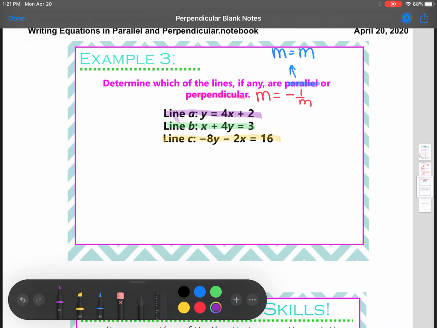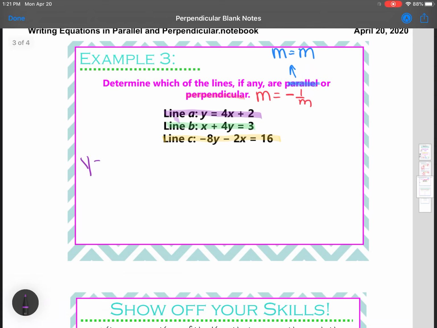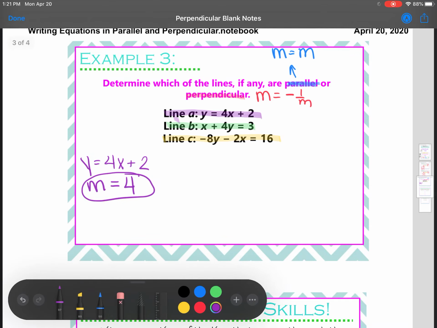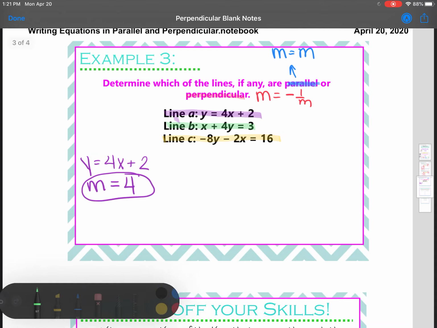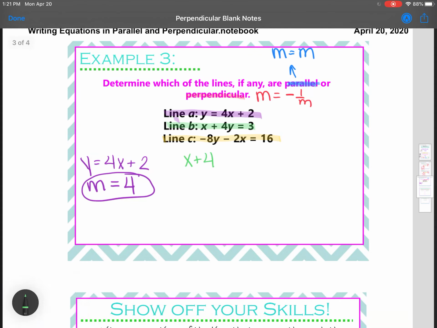So, to start with my line A, y equals 4x plus 2. My slope in that one, m equals 4. It's already in slope-intercept form. I don't have to look for anything. My line B, I have x plus 4y equals 3. I have to put it into slope-intercept form. So to do that first, I'm going to subtract x from both sides.